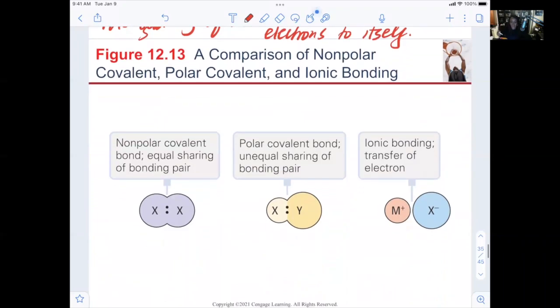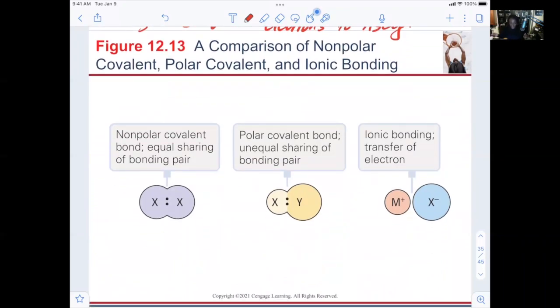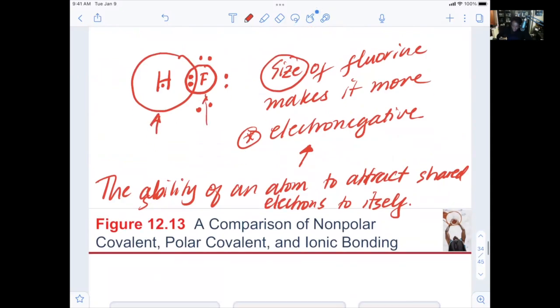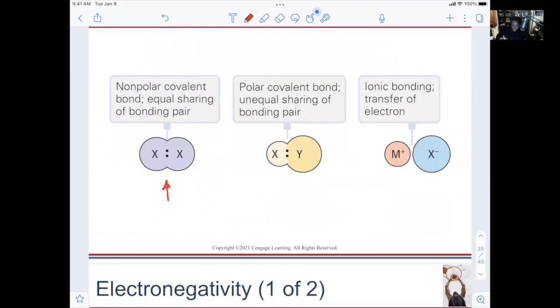Okay, so here we're seeing a representation of the different kinds of sharing. You can see right here, this is funny because this picture shows the opposite of what I expected. Over here, I'm showing you the atomic size. What they're showing here is very different from the atomic size. Over here, they're showing you a non-polar covalent bond, equal sharing of the bonding pair.